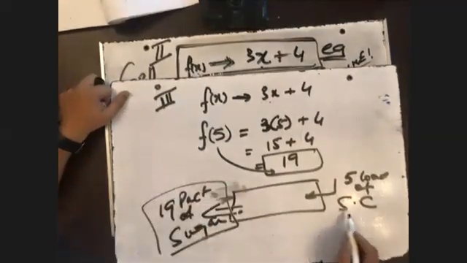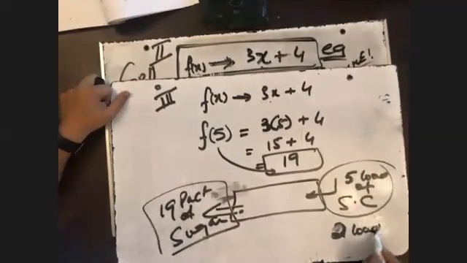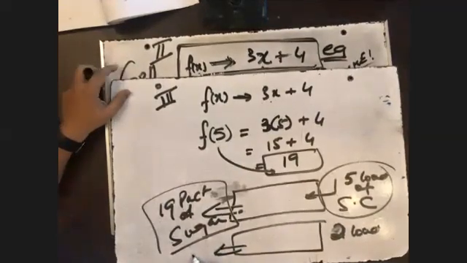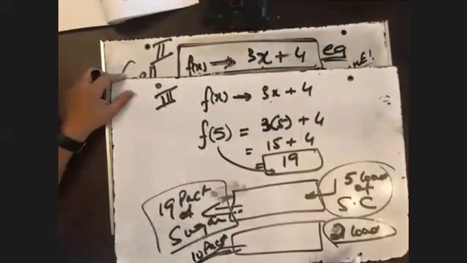Now remember, first time we put in 2 loads and we ended up with 10 packets of sugar. So again, they are proportional but not directly proportional.